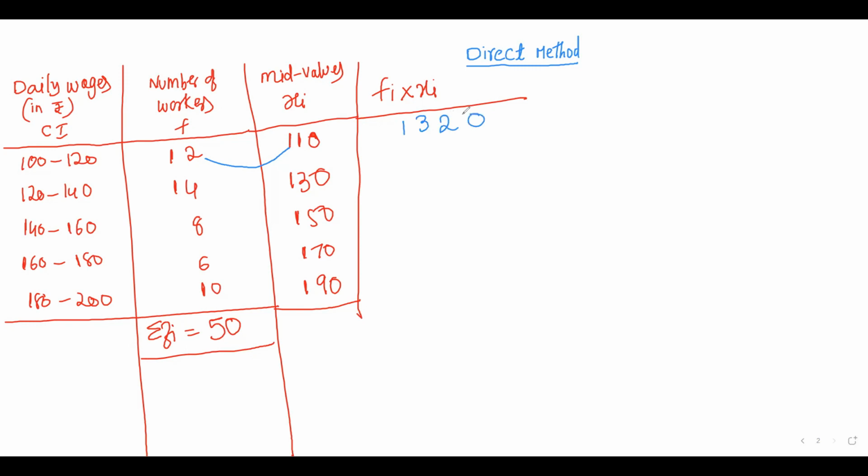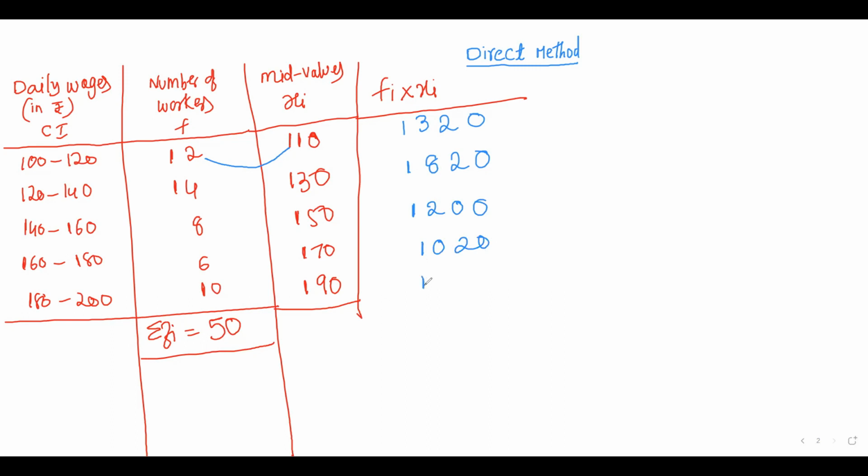Okay. Now next, 14 130s are 1820. Yes, sir. Next, 10 150s are 1500... 6 170s are 1020.